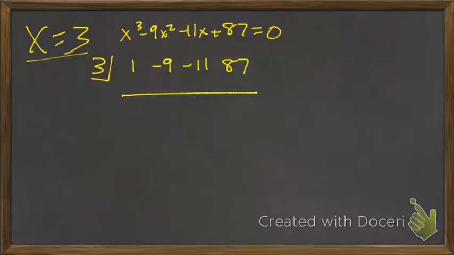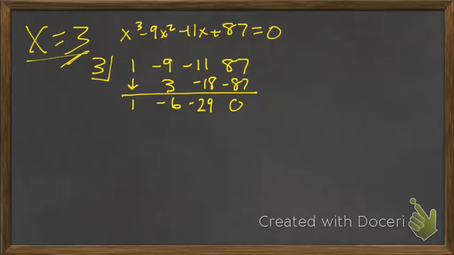And the good news is, if I do this right, I better get a 0 at the end, because this is supposed to be a 0. If I drop down the 1 and multiply by 3, I get that. If I add, I get negative 6. If I multiply 3 and negative 6, I get negative 18. If I add those, I get negative 29. And 3 times negative 29 is negative 87.